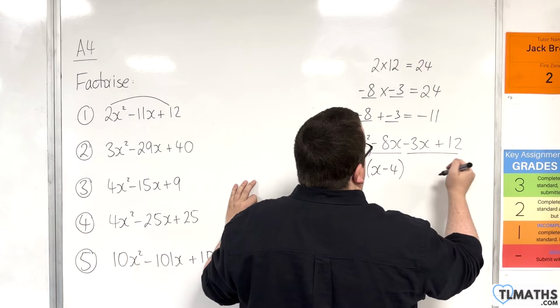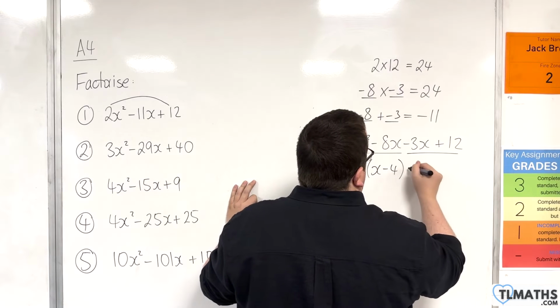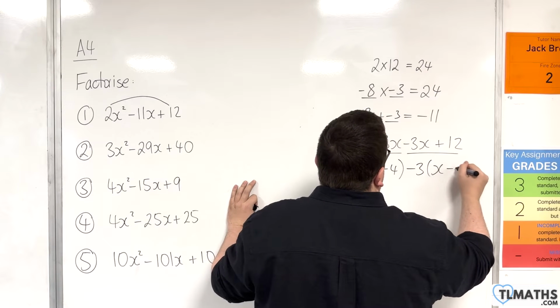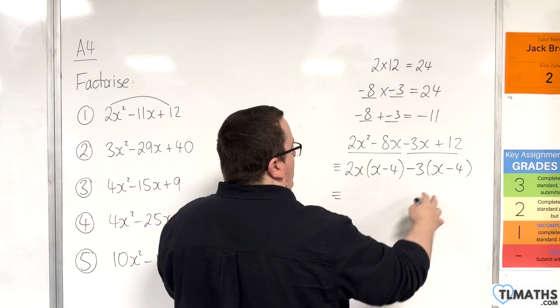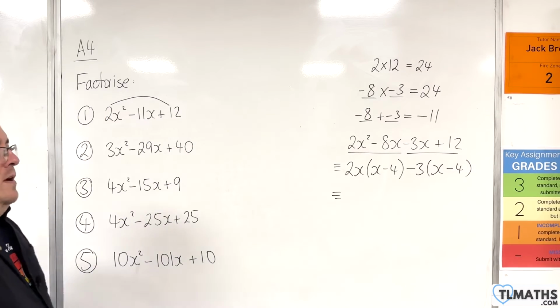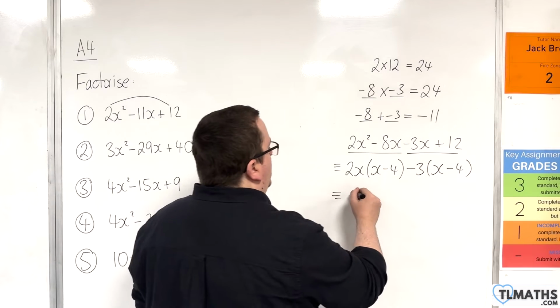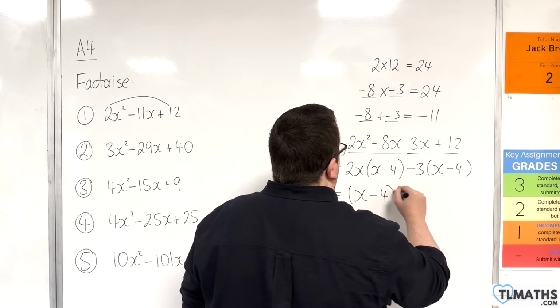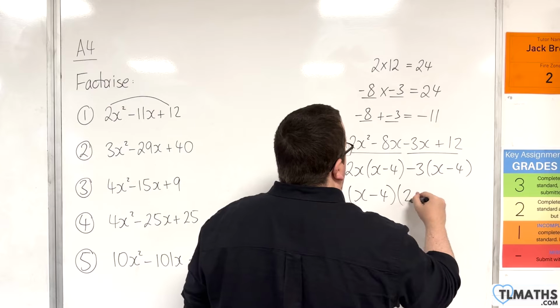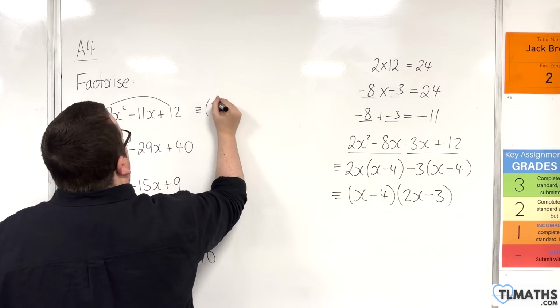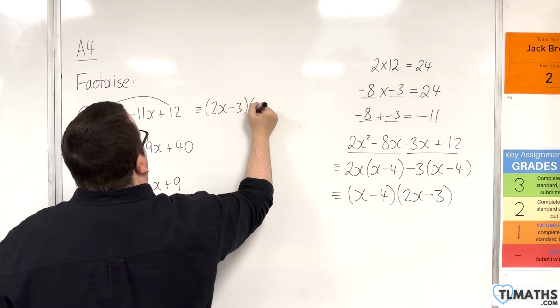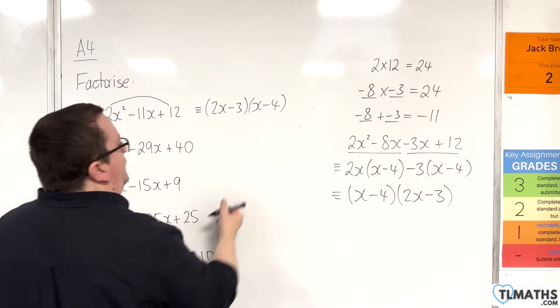And we know that the other bracket's got to be x take away 4 here. So I'm going to factor the minus 3 out and I'm going to get x take away 4 inside the bracket. Now because those two brackets are the same, we know we're on the right path here. One of the brackets is x take away 4, the other bracket is 2x take away 3. So 2x take away 3 times x take away 4.